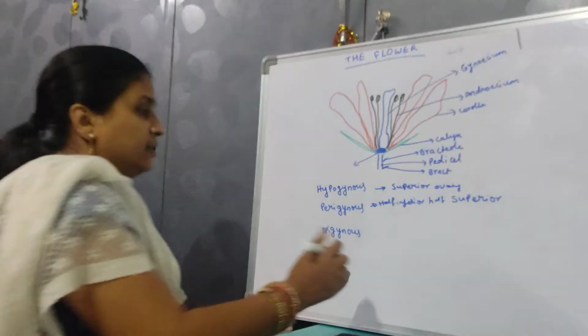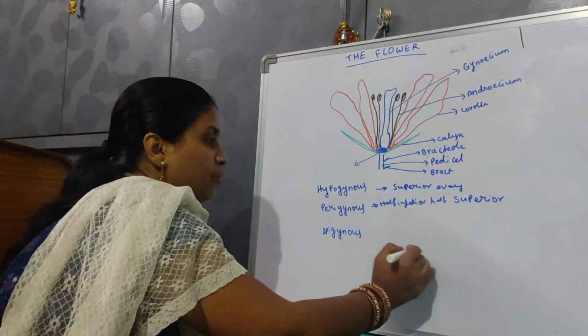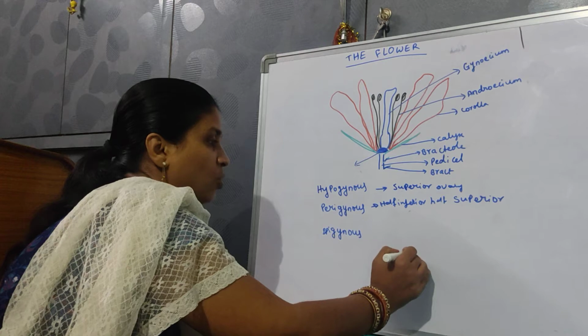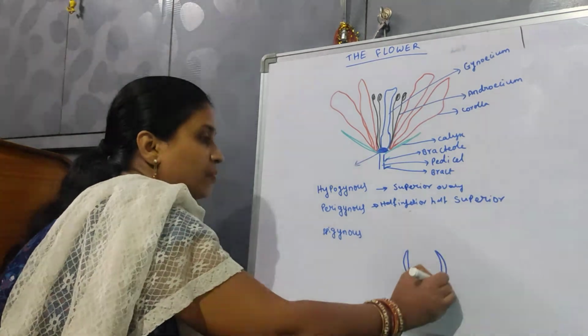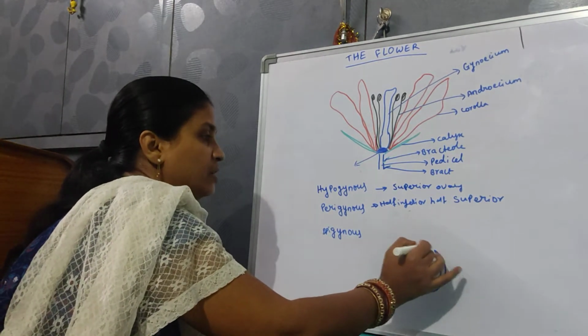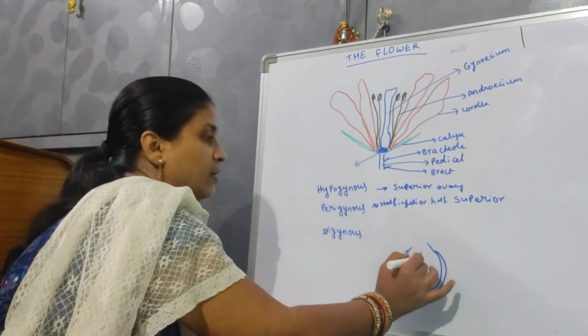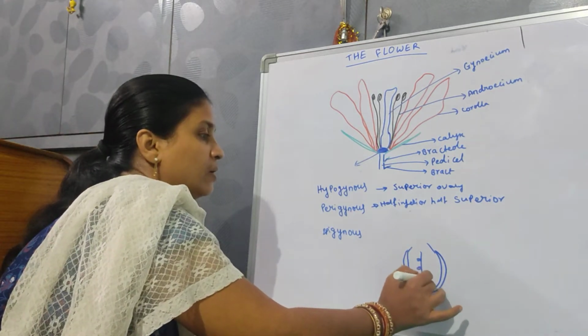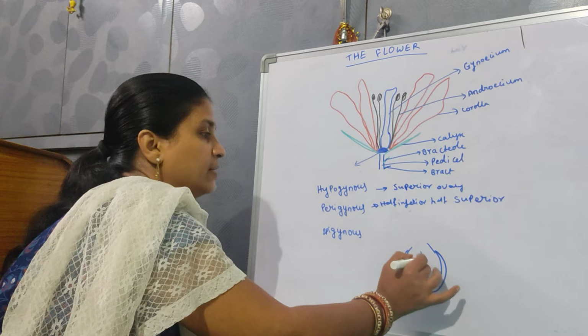Coming on to the epigynous. Here, the thalamus becomes a cup-like thing surrounding the ovary, like this.